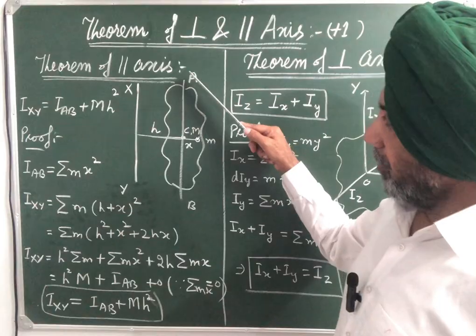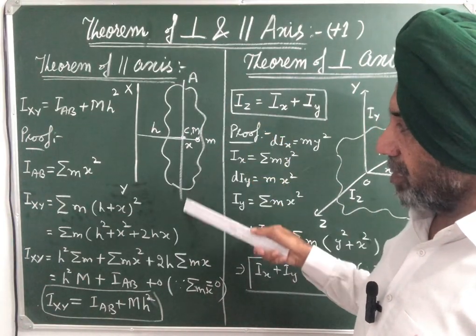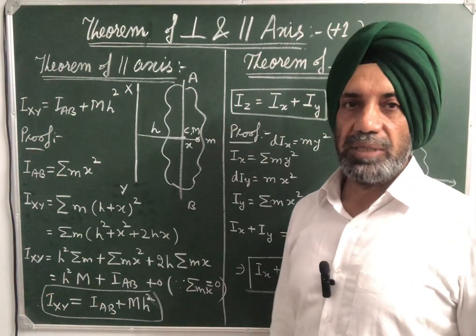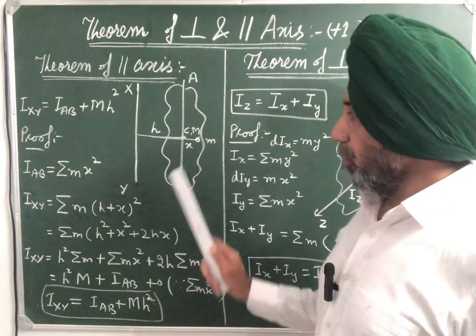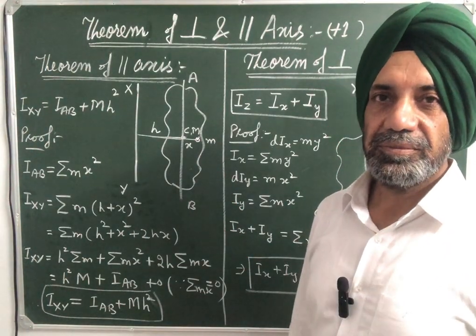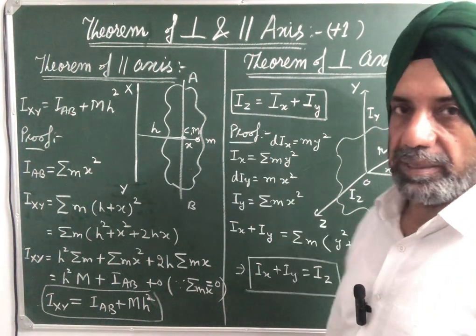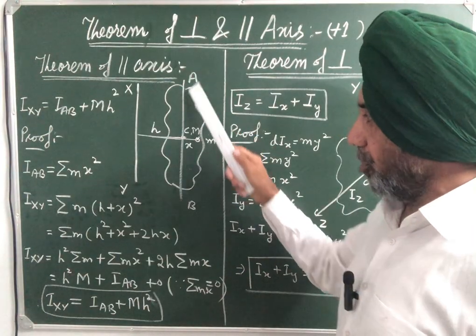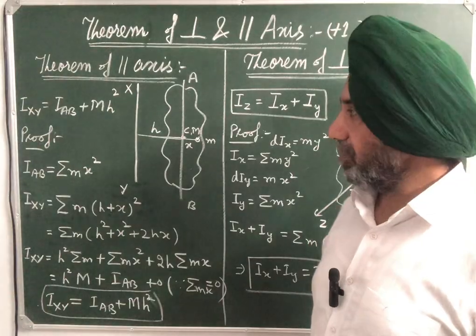So it means, let AB be an axis passing through the center of mass of the rigid body which is parallel to the given axis XY, about which the moment of inertia of the rigid body is to be determined. Then IAB is the moment of inertia of the rigid body about AB passing through the center of mass.